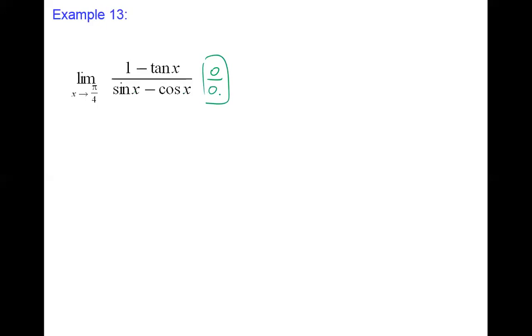That means actually I have just my standard limit 0 over 0. This means that for 45, pi over 4, I do have a common factor. I have to rewrite this expression and find this common factor. That means the only thing that I can see is tangent of x, which I can rewrite as sine over cosine.